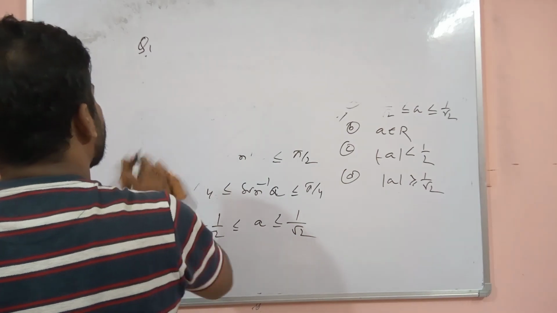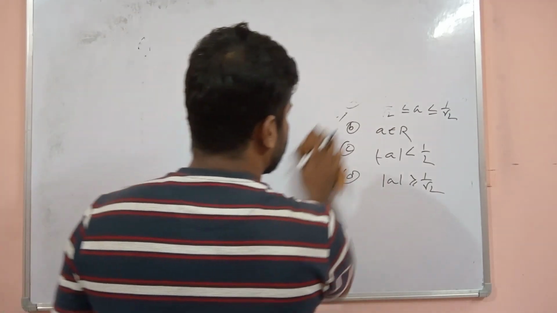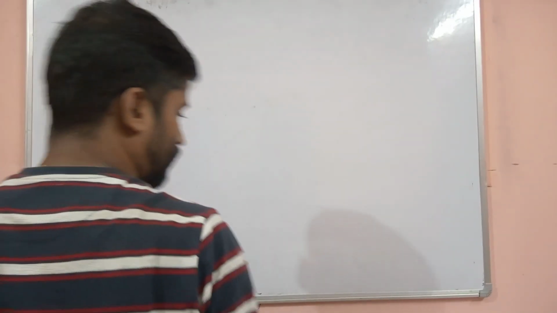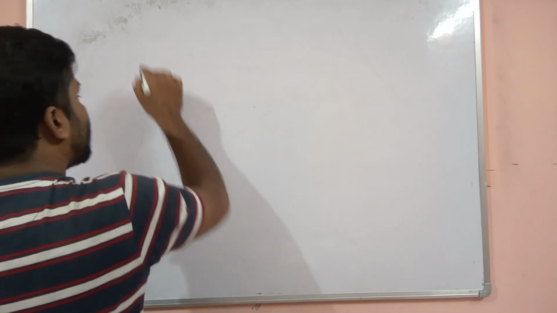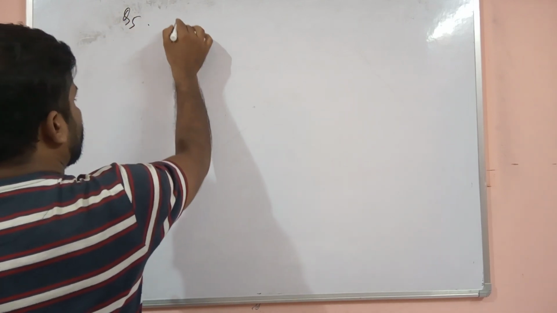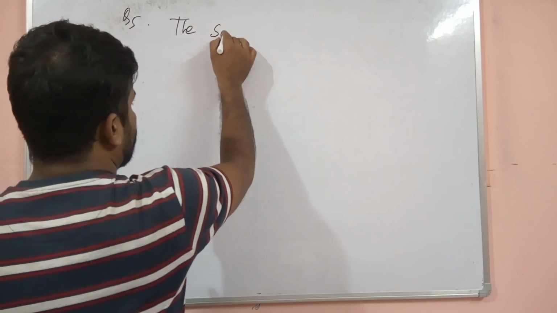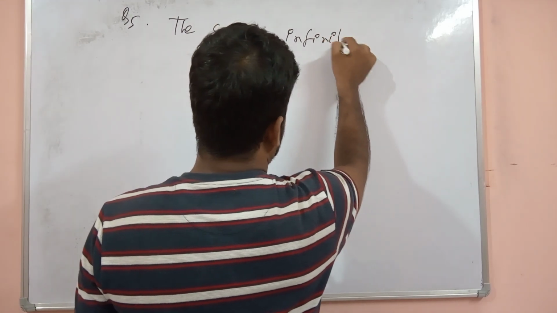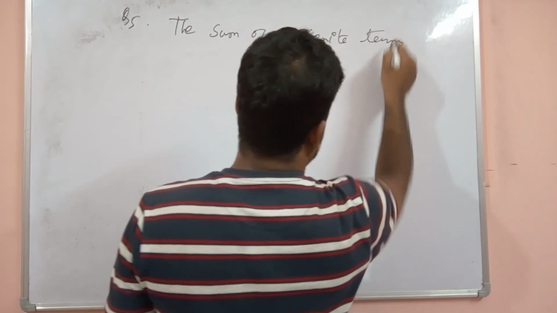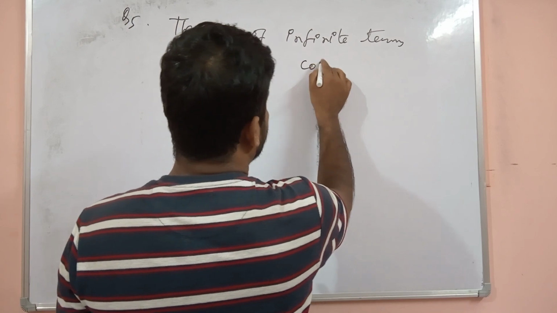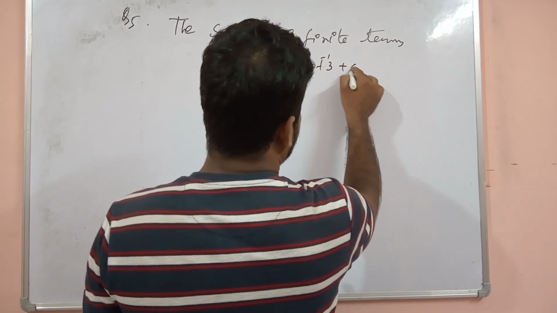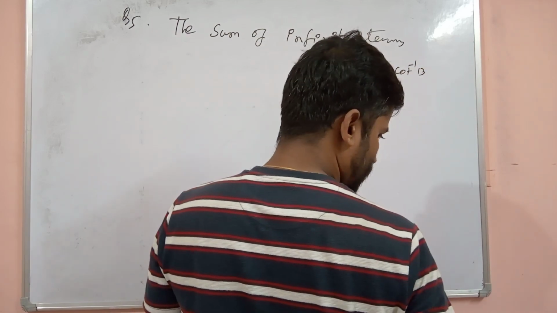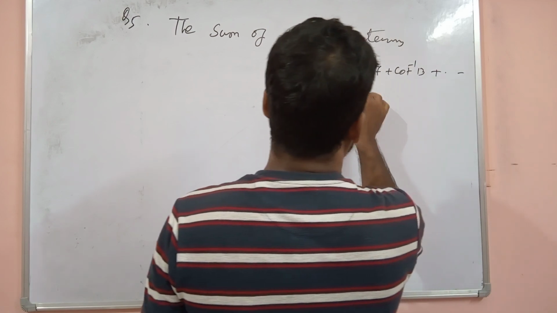Let's see question number 5. The sum of infinite terms cot inverse 3 plus cot inverse 7 plus cot inverse 13 plus so on is.